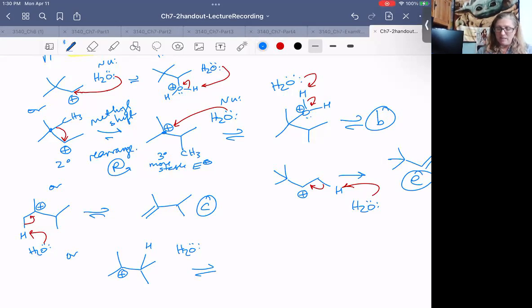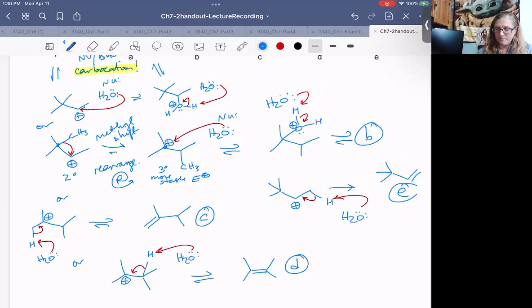We would expect that to be formed to a larger extent because it gives a more stable alkene. So water coming in and deprotonating this position and forming the double bond in the middle carbons gives the tetrasubstituted alkene, which we said of the alkenes, that's going to be the major.